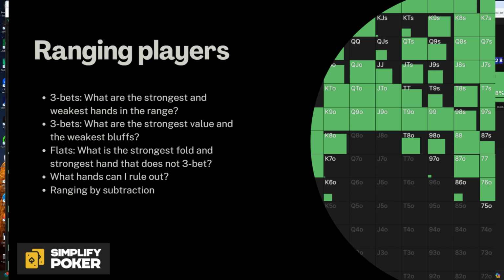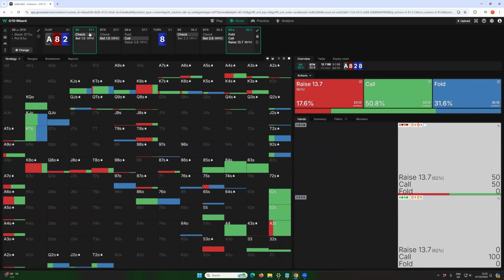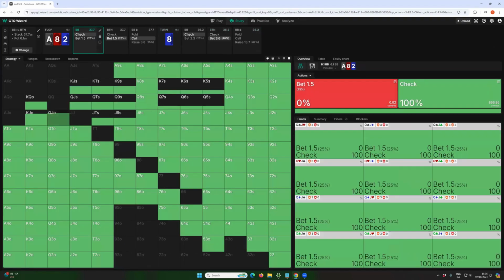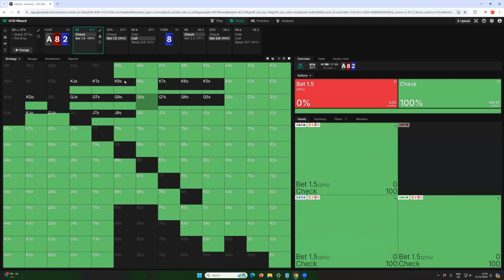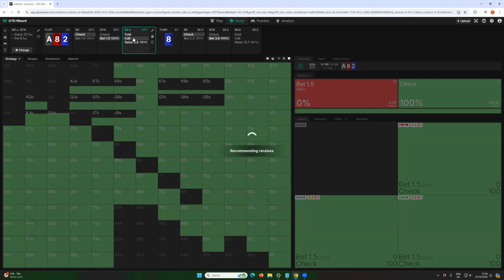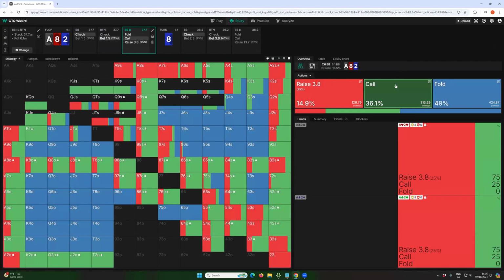When we start, sorry, this is the Lawrence example. Let's put Lawrence back on screen. When we start and he checks to us, this is the range we have in our mind from pre-flop. Then we bet, and he calls.